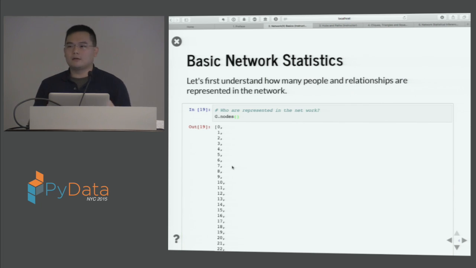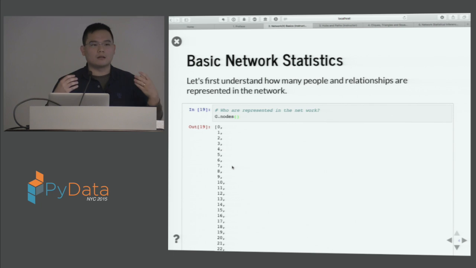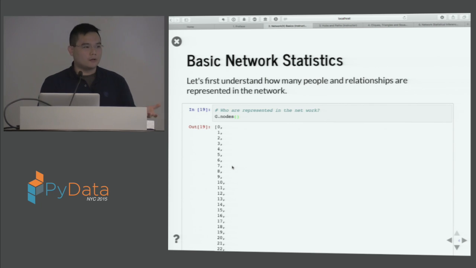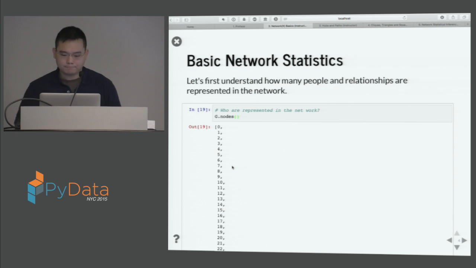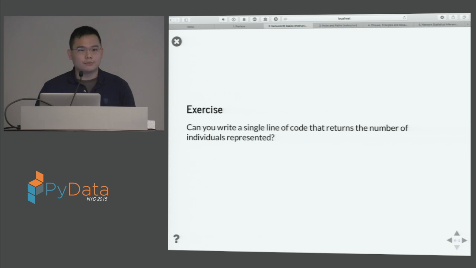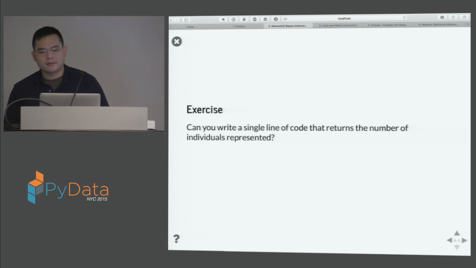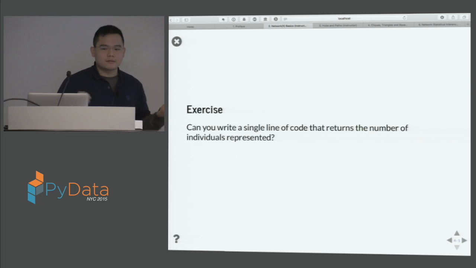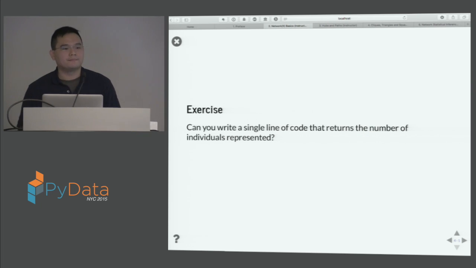What g.nodes has done is return a list of integers, because the integers are the nodes inside the network, and g.nodes returns an iterable. So what I'd like you to do now is take 30 seconds to write a single line of code that returns the number of individuals represented.